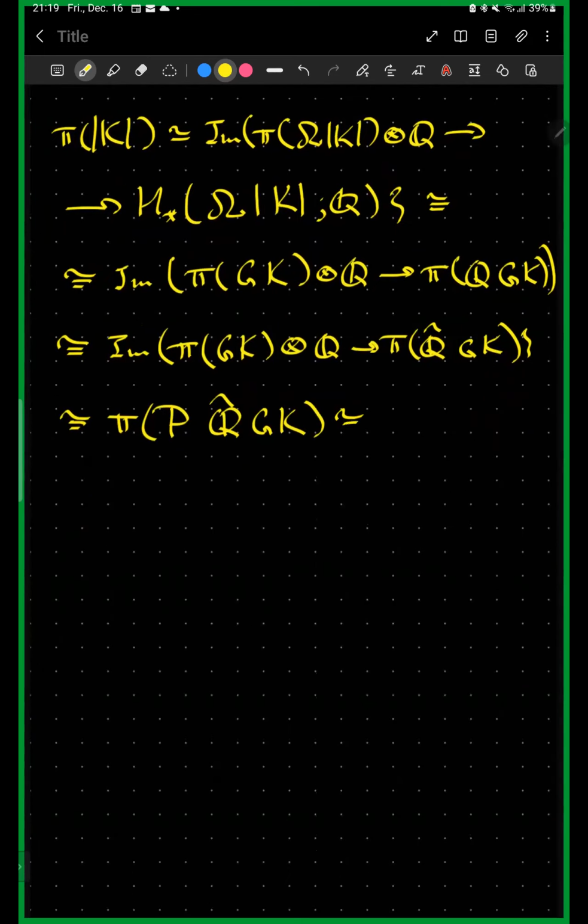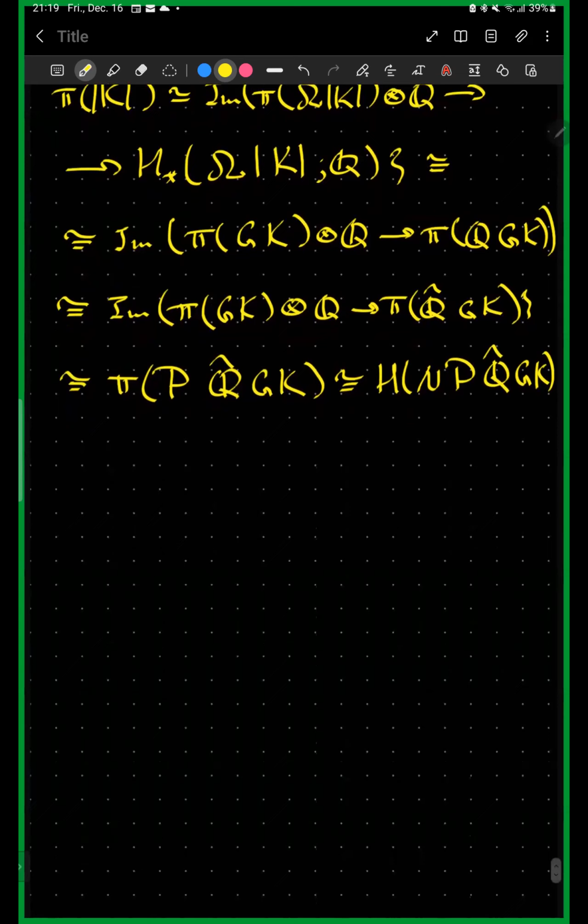And then, since the calculation of homotopy groups of some simplicial algebraic object really comes from taking the Moore complex, we get that it coincides with homology of the Moore complex of this thing here.